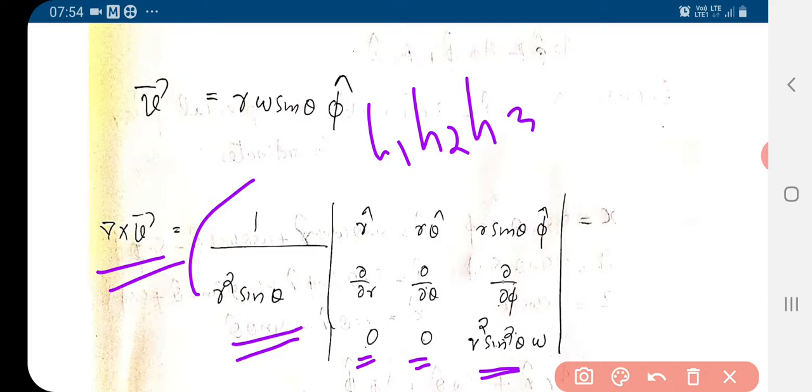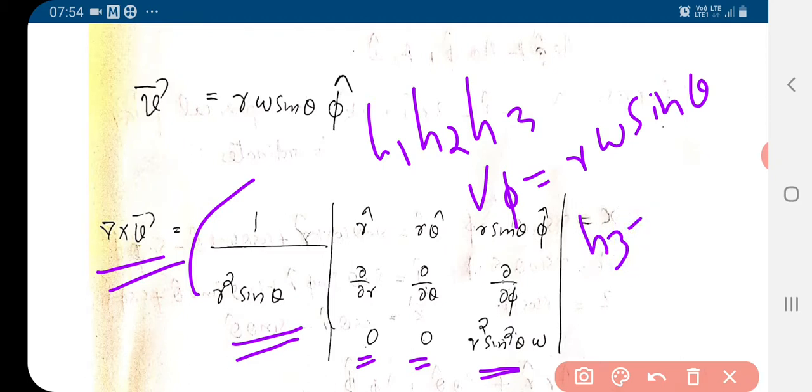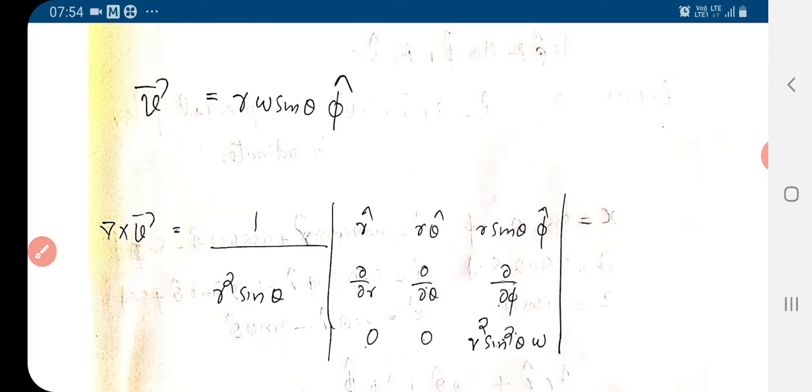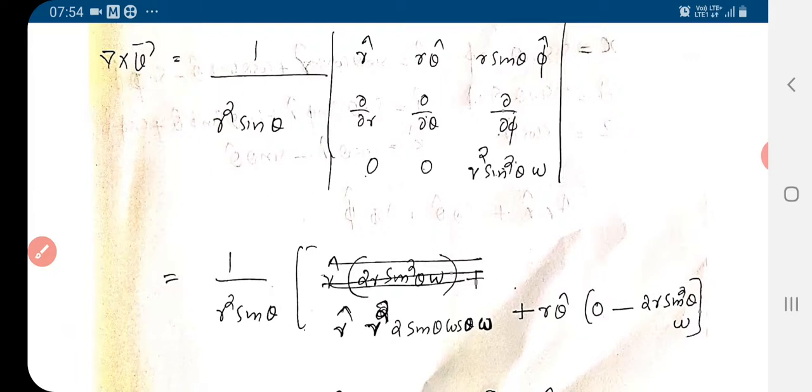So what is h3 v phi? We know v phi is r omega sin theta, and h3 is r sin theta. So we substitute and we have r squared sin squared theta omega. So that is our del cross v.